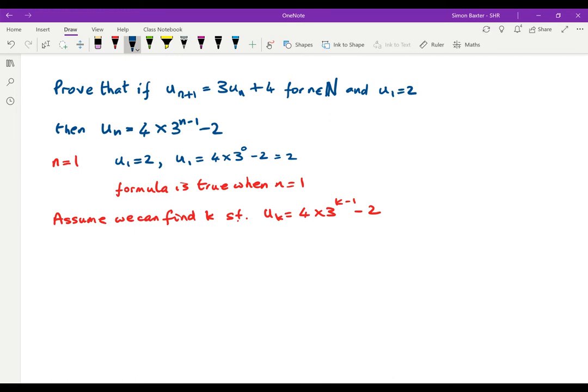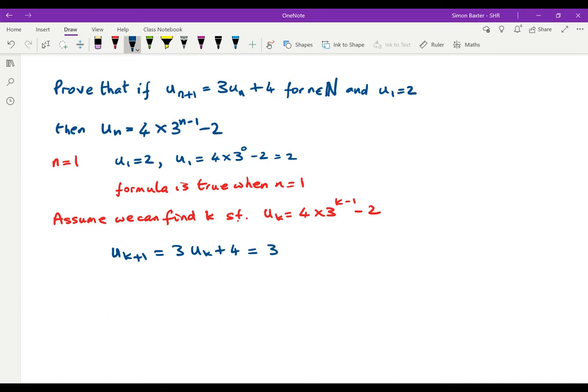Well, if we look right up at the top of the page and put n equal to k, we can see that uk plus 1 is 3 times uk plus 4. But on the line above, we know all about uk, our induction assumption.